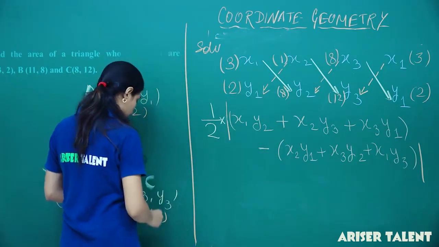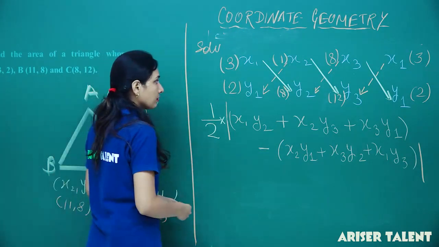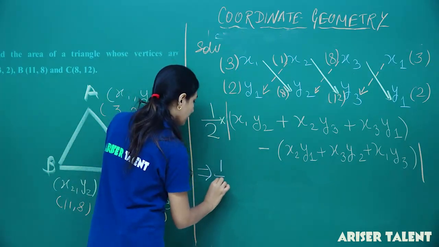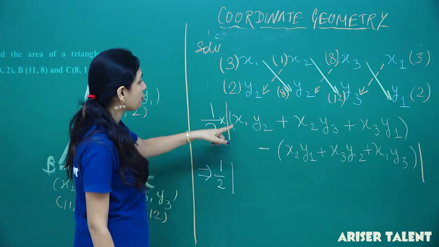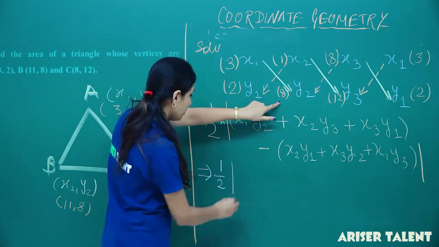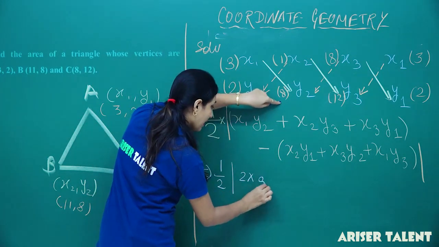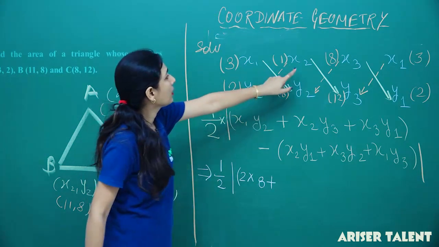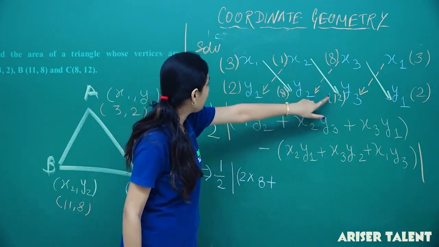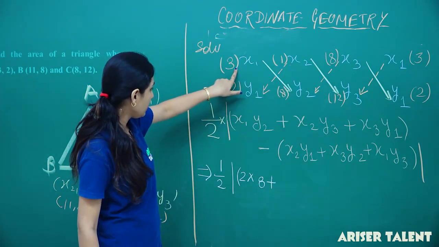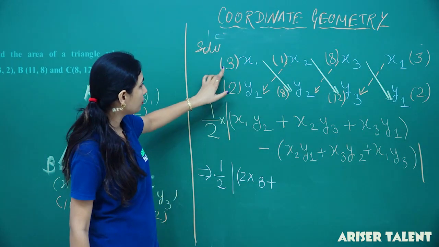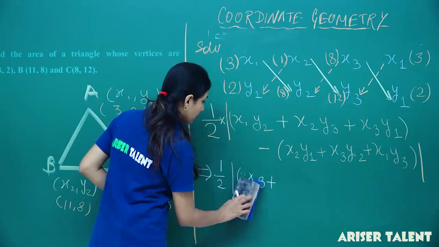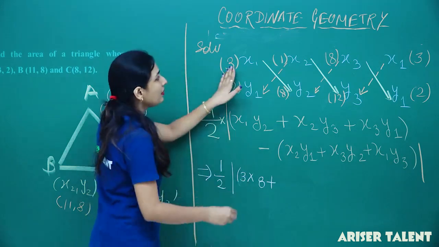So that implies half mod of x1, y2, that is 2 multiplied by 8, plus this is 1 multiplied by, that was 3, not 2. So I'll have 3 multiplied by 8.